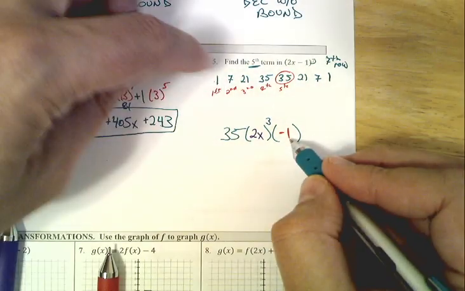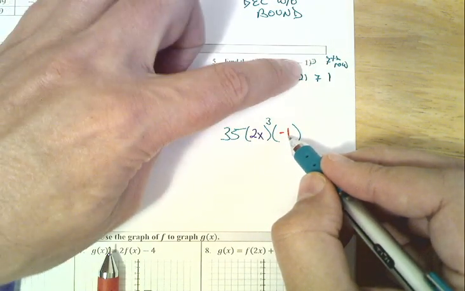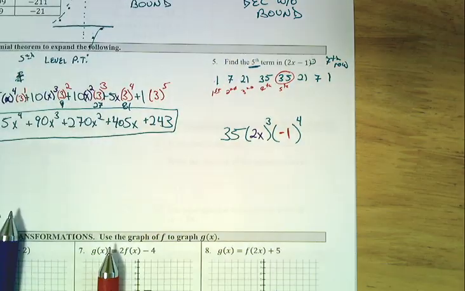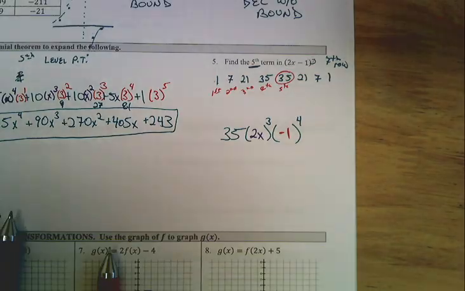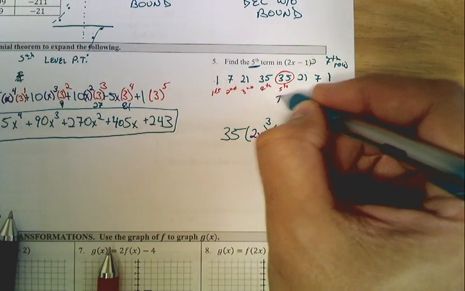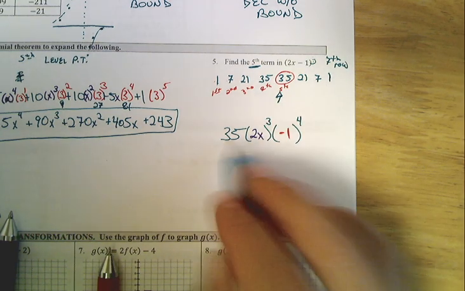And then this is what? This is this one to the 0th, to the 1st, 2nd, 3rd, and 4th. So this one should be -1 to the 4th power. So this is the 5th term. So this is everything associated with that right there. The powers and the coefficient.